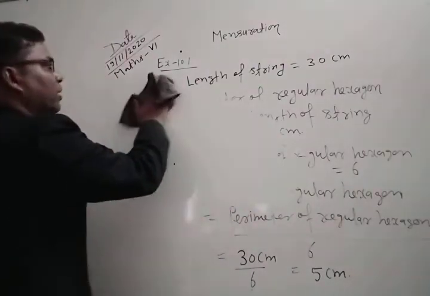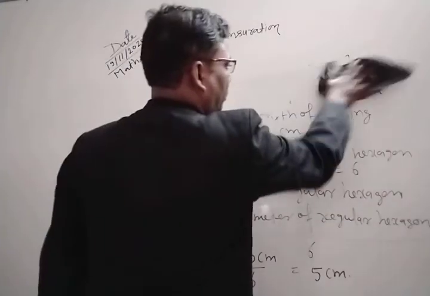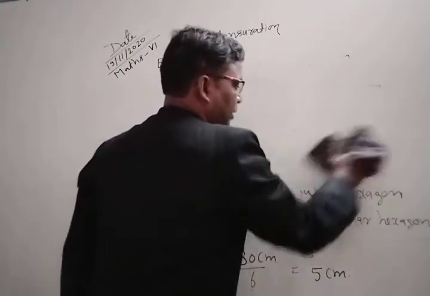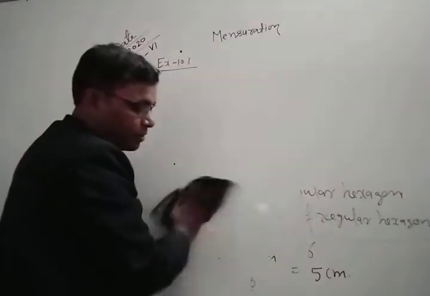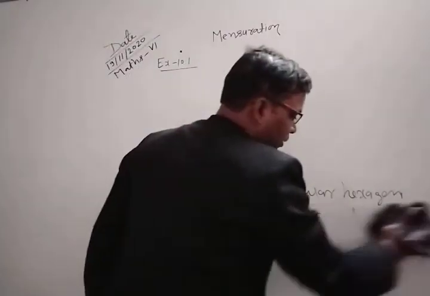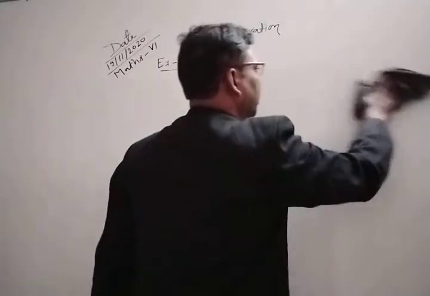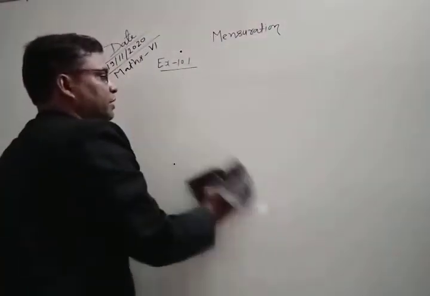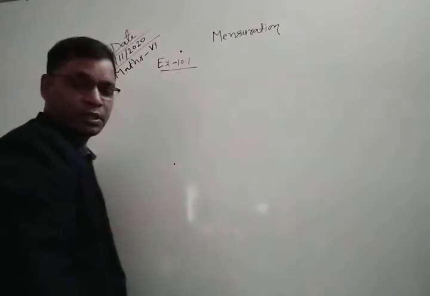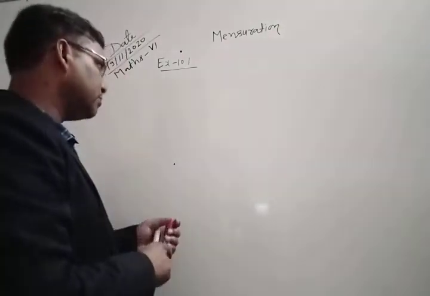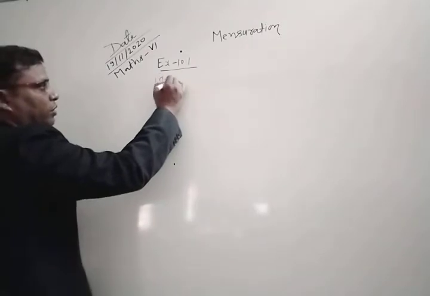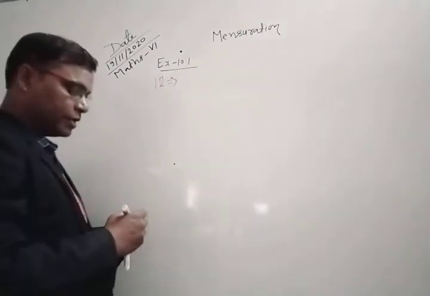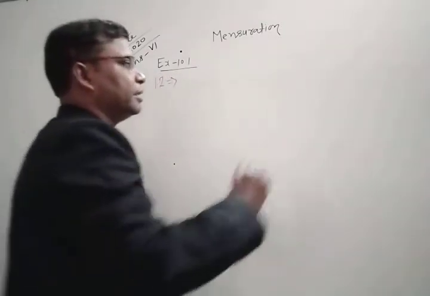In this question a triangle is given, and two of its sides are also given: 12 centimeters and 14 centimeters. This is question number 12, and this is a triangle.